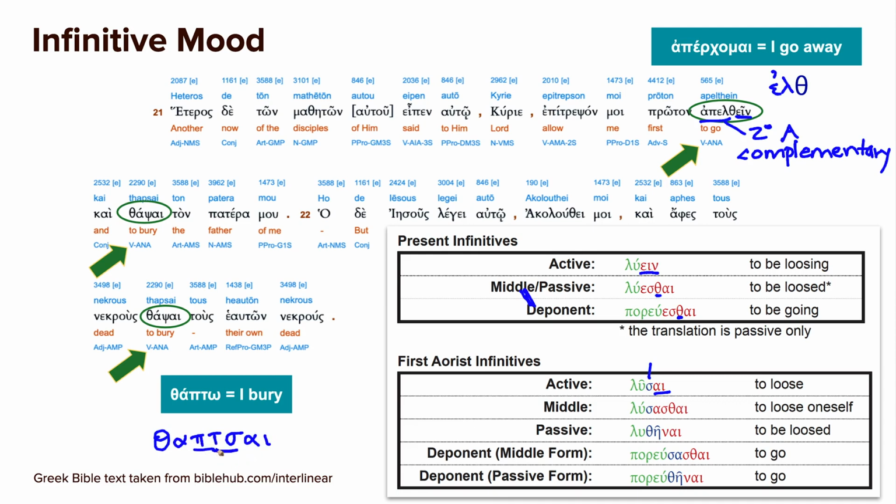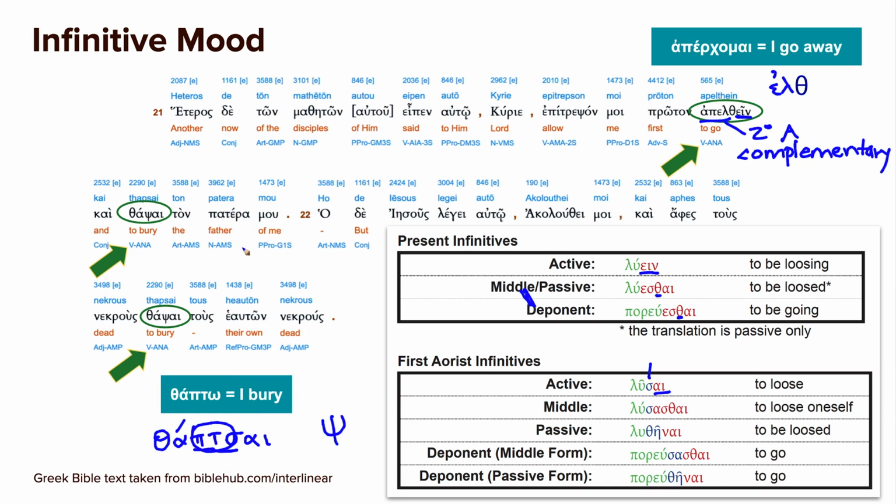Here with thapto, the pi, tau, sigma all together become the psi. Interesting. So that's another form that will change when you have a sigma added on. It's just not a good sound for ancient Greeks. They didn't like it. Whenever you have a tau and a sigma next to each other, they wanted to get rid of it. So it becomes thapsai.